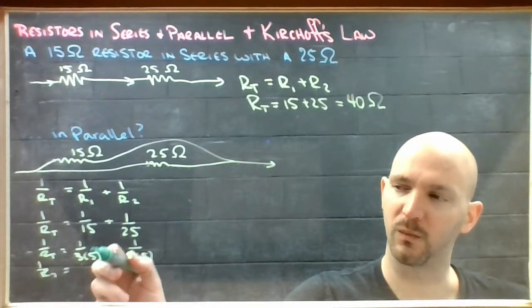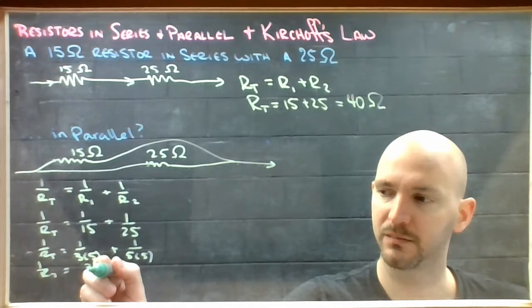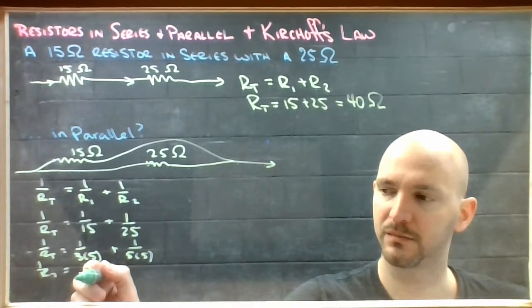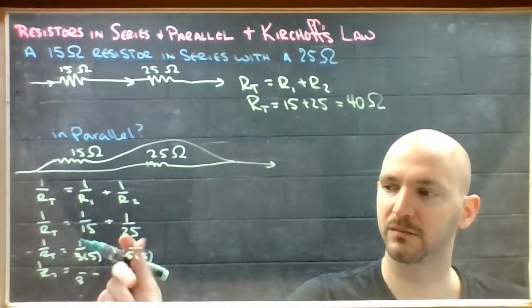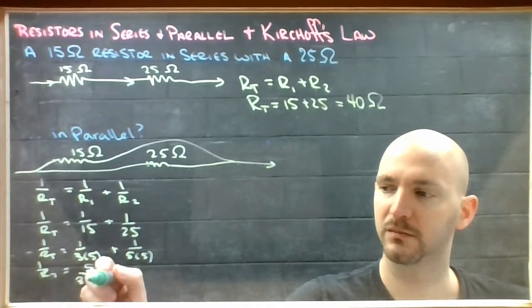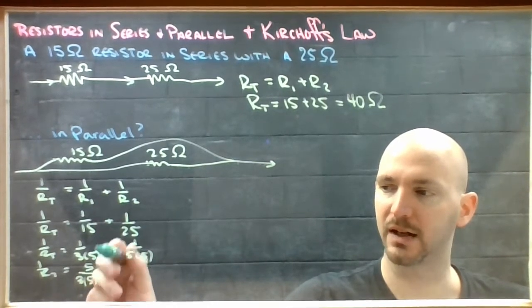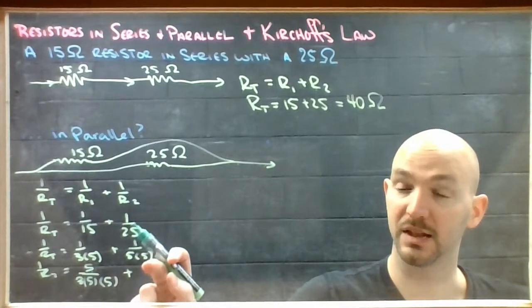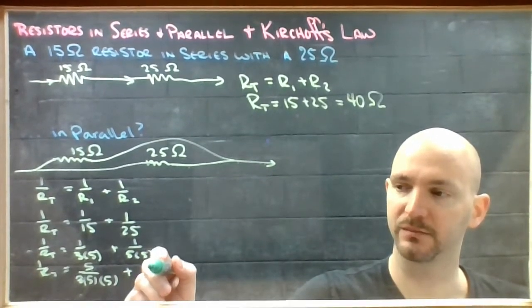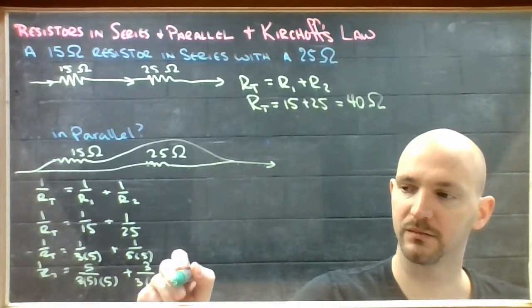So this one is missing a 5 on top. So the 3 that was already there, the 5 that was already there, and a new 5 that I just introduced. This one is missing the factor of 3, so I'll introduce it.